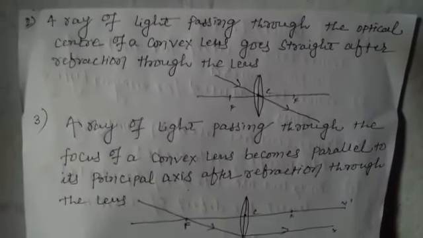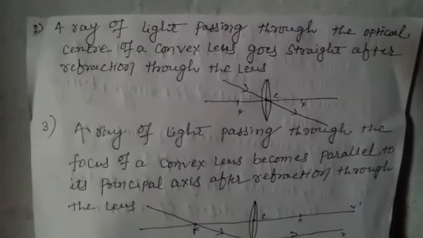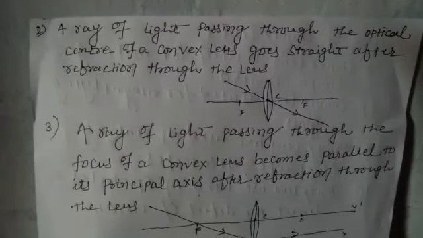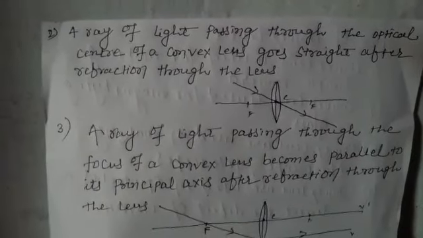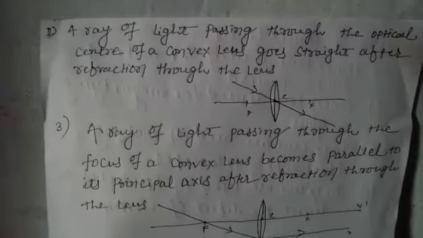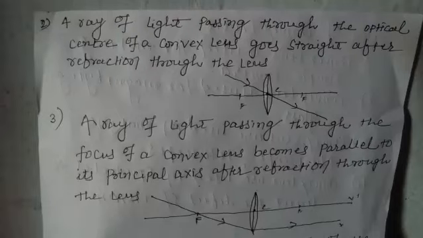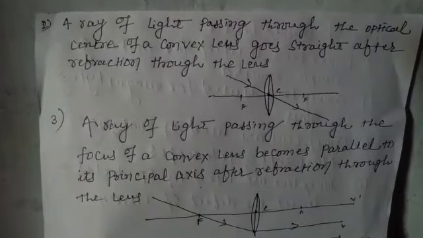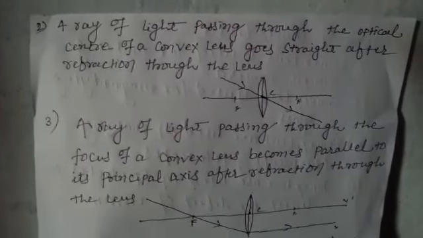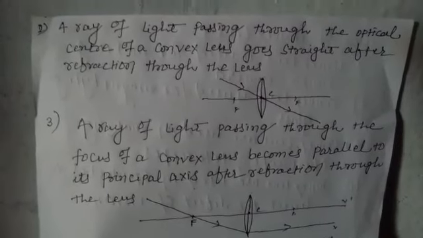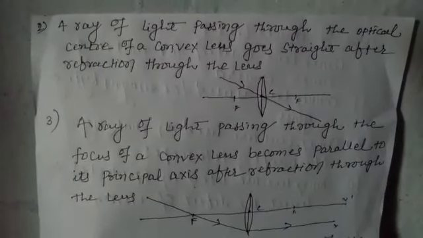So three rules are most important for image formation. First, a ray parallel to the principal axis passes through the focus. Second, a ray passing through the optical center is not deviated. Third, a ray passing through the focus becomes parallel to the principal axis after refraction. Where two rays intersect at a point, the image will be formed.